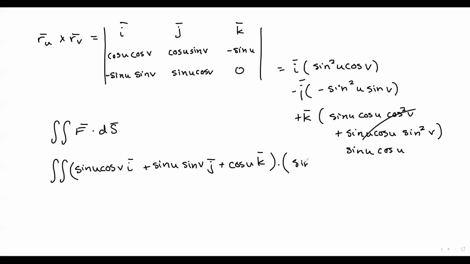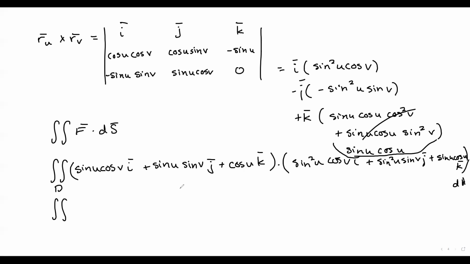So we've got sine squared U cosine V I, and then double negative there, so plus sine squared U sine V J, and then plus sine U cosine U K. And all of that dA, and over the domain for U and V.